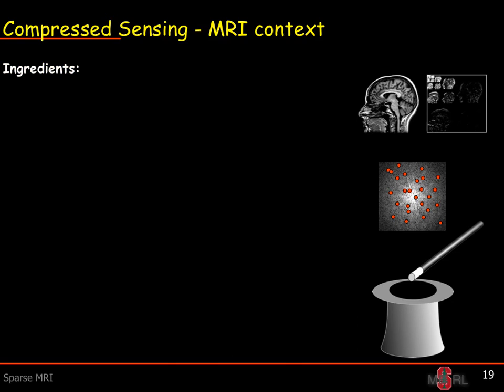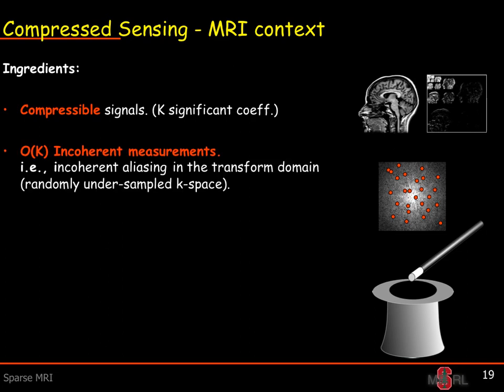So putting this together, what do we need to do a successful compressed sensing acquisition and reconstruction? We need a compressible signal where we have at most k significant coefficients, where k is much less than the overall size of the image, n. We need order k incoherent measurements of that signal, that is, measurements that lead to incoherent aliasing in the transform domain.